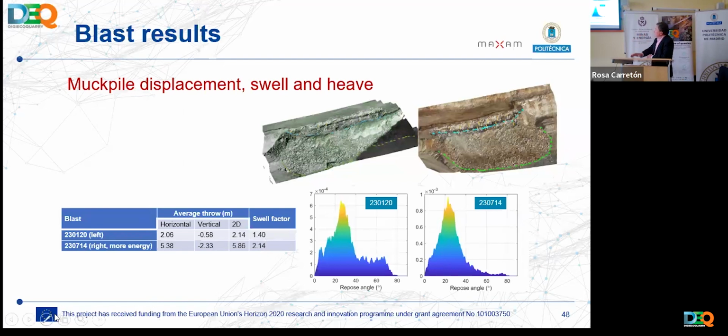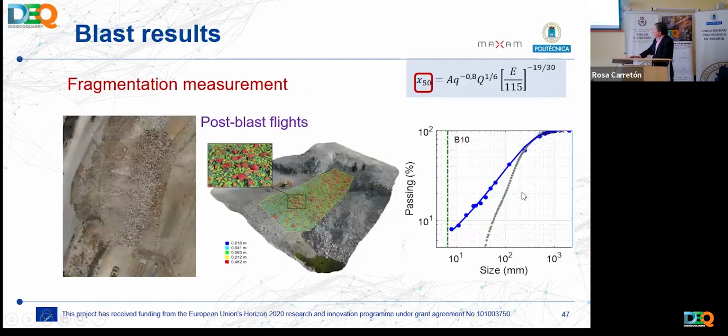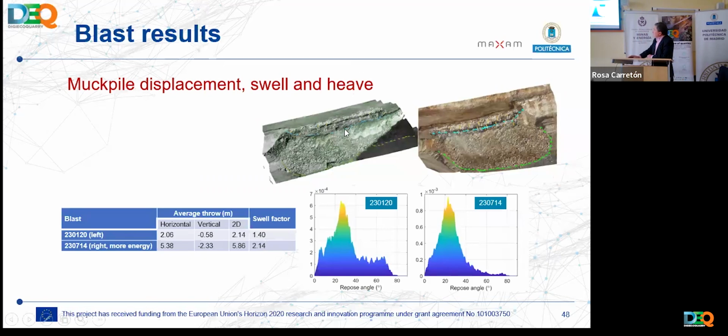You calculate the center of gravity of this mud pile and of that mud pile, and you measure the distance from that center of gravity to the center of gravity of the block, and then you have the average throw. This is what you call the throw. For the left, the throw was very, very little. It was in the vectorial number 2, somewhat in excess of 2. And in the other case, in this one, it was something close to 6.